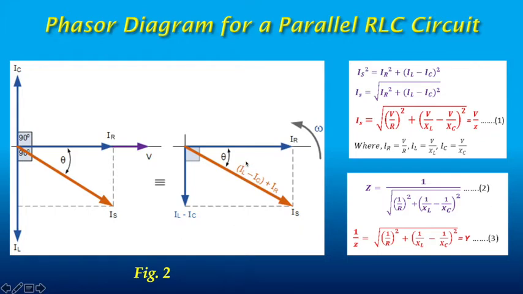Then we find Is. So Is equals root over IR squared plus (IL minus IC) whole squared, where IR equals V by R, IL equals V by XL, and IC equals V by XC.